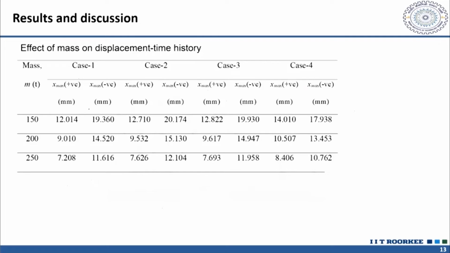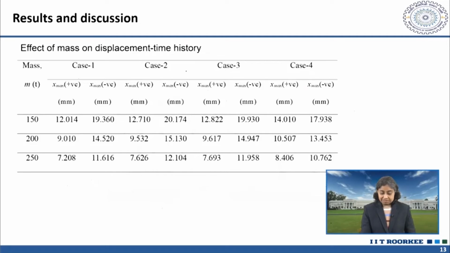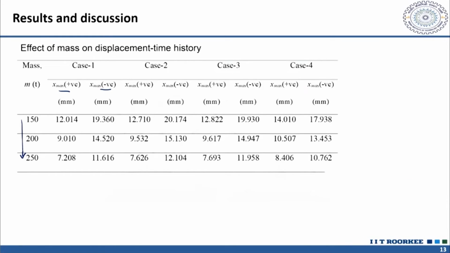You can see that different columns are there with respect to the various cases, and as the mass is increasing from 150 to 250 tonnes, the maximum positive as well as maximum negative displacements are reducing almost for all the cases.